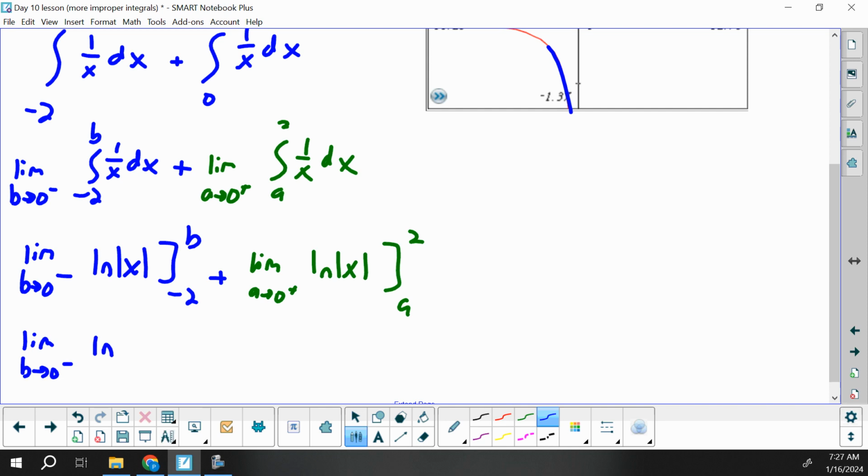We're going to have natural log absolute value of b minus, if you sub in a negative 2 and then take the natural log, we're going to have natural log of 2, plus. Now we'll do our other limit. We'll have limit a approaches 0 from the right. This will be natural log of 2 after we take the absolute value, minus natural log absolute value of a.